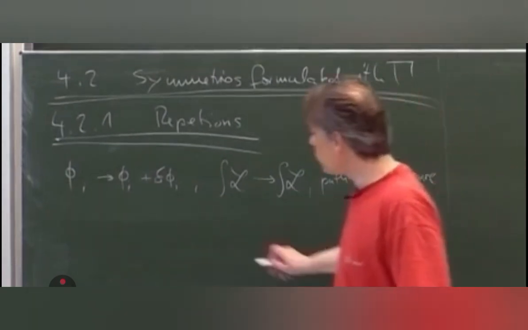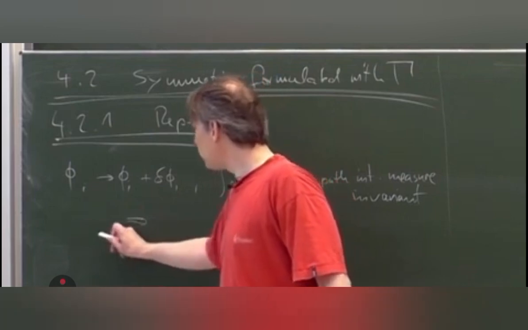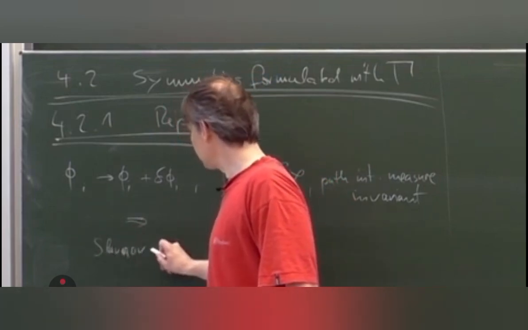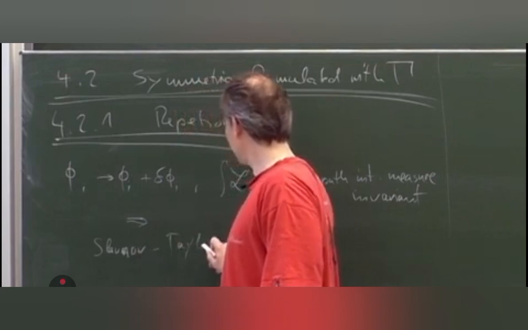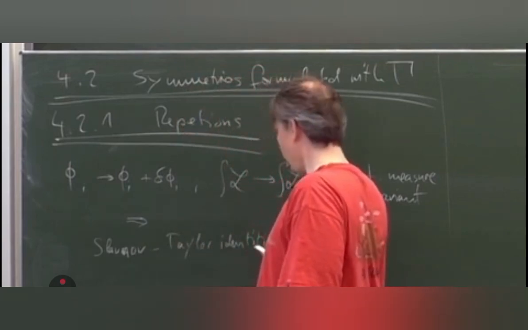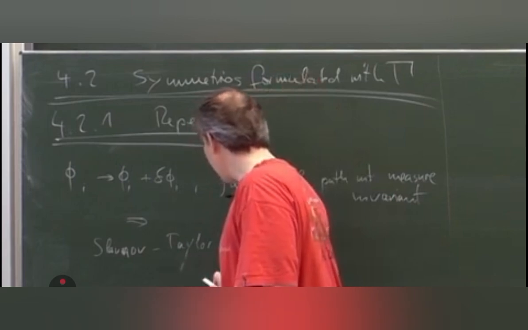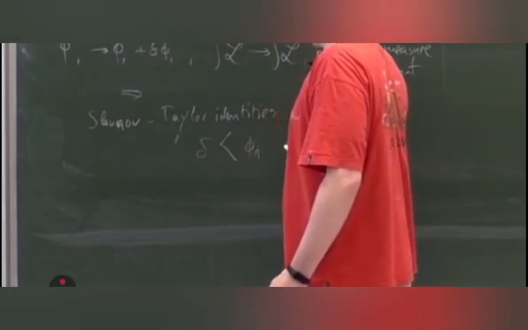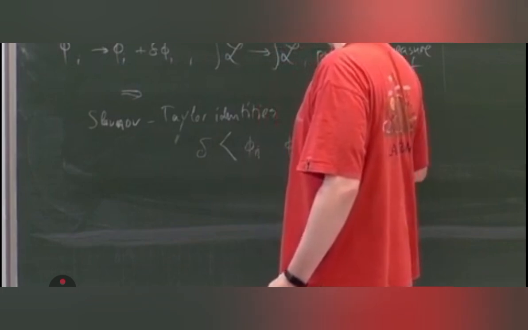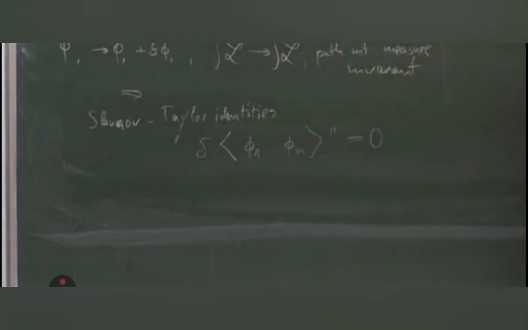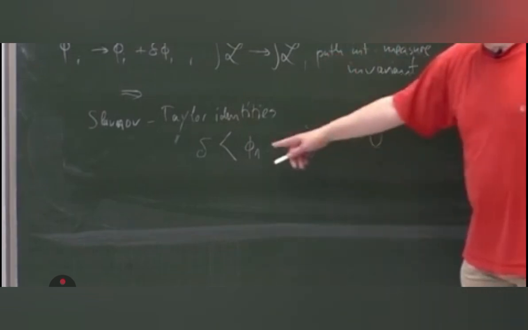Namely, we derived the validity of so-called Slavnov-Taylor identities, which we can express, for example, in this shorthand way, that the variation of a time-ordered expectation value of fields vanishes.